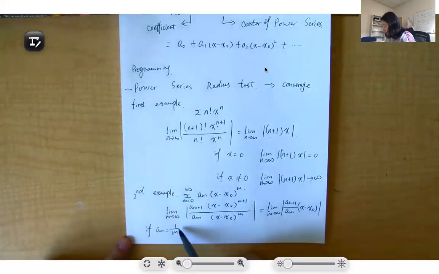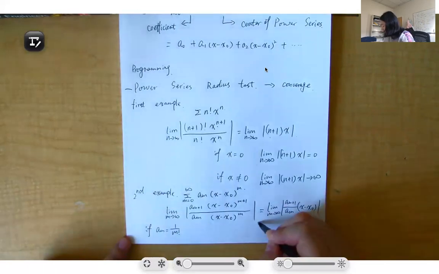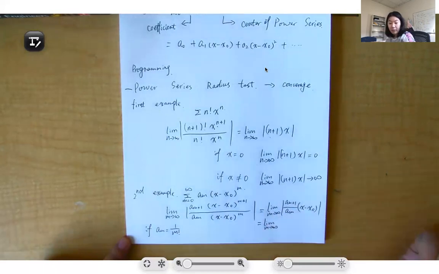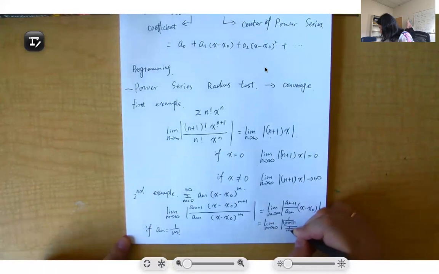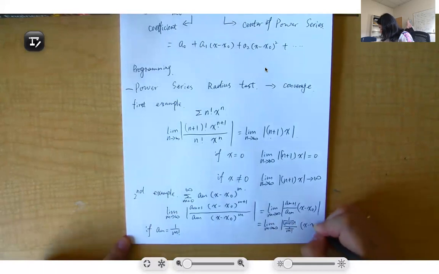So if a_m equals 1 over m factorial, then this part will equal the limit as m goes to infinity of 1 over (m plus 1) factorial over 1 over m factorial, times (x minus x naught).